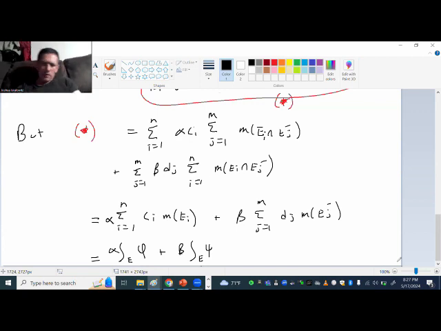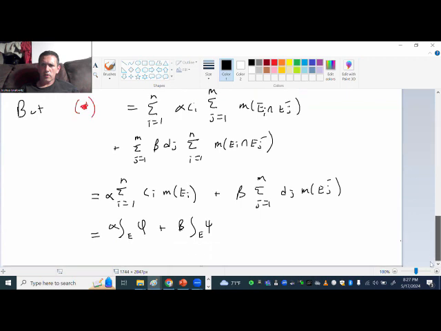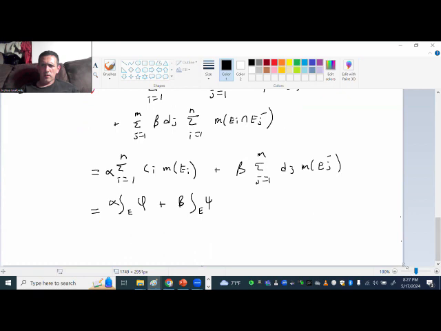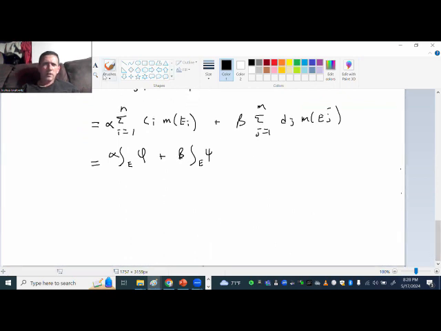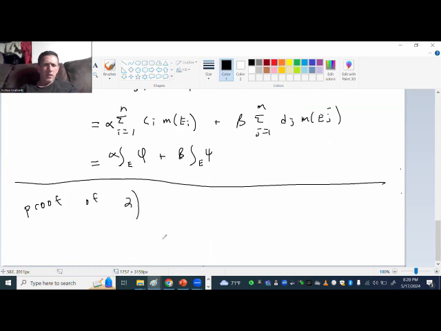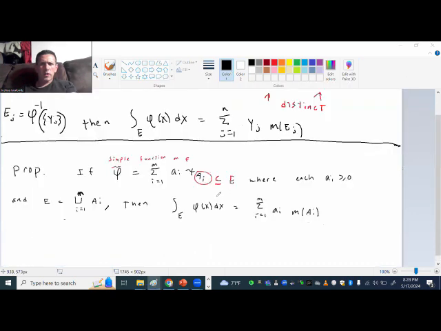All right, so now two is extremely straightforward. Actually, knowing linearity makes a lot of things super straightforward. So remember what two is?